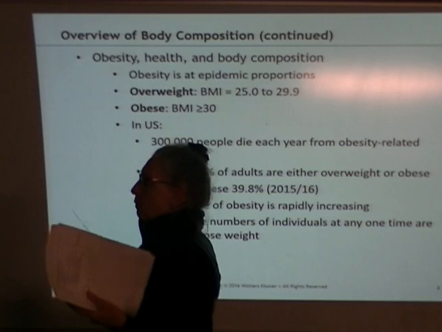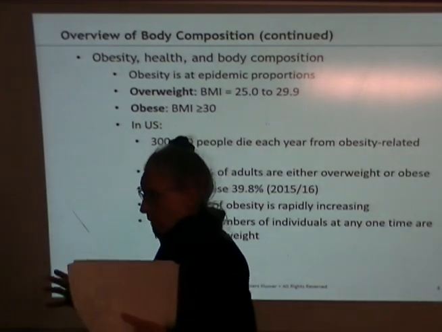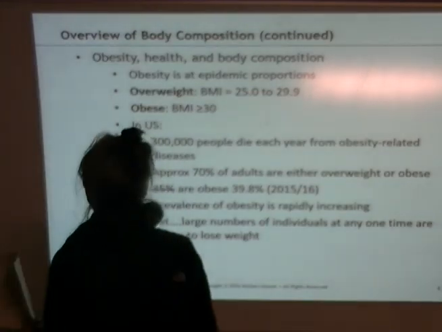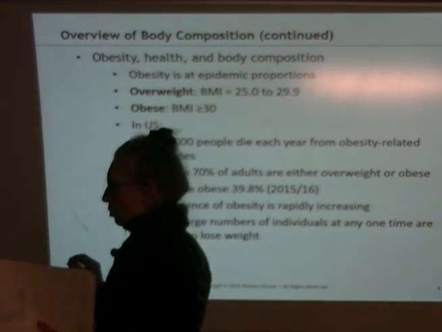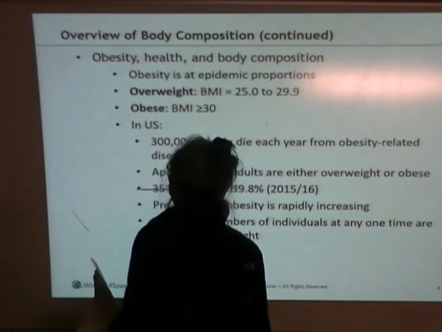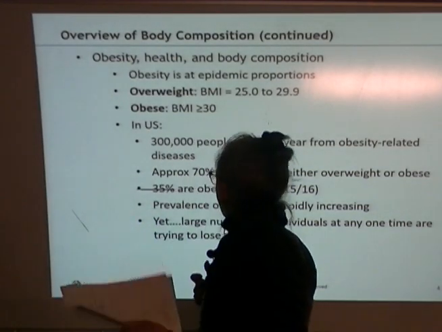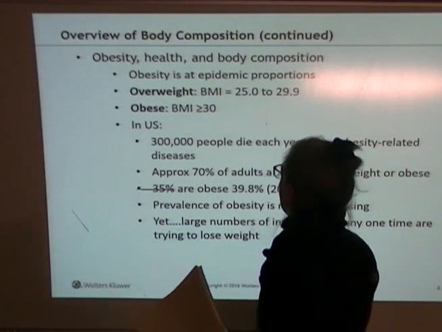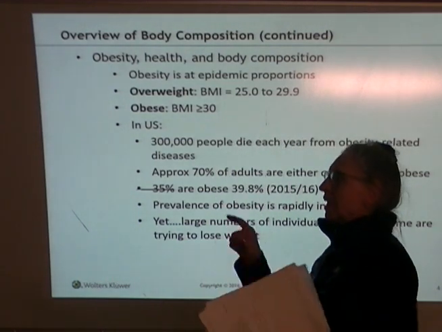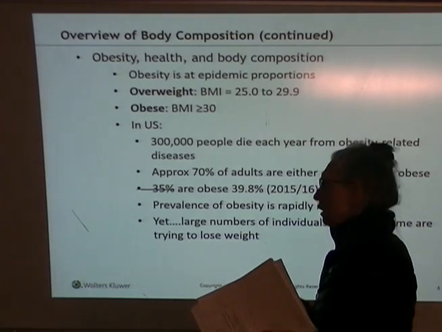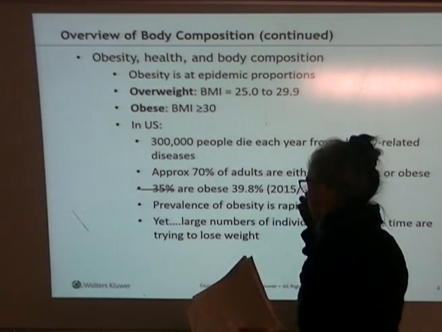In adults, and we'll talk about the problems with BMI over the course of the semester. BMI has a lot of issues built in, but if you have a BMI of 25 to 29.9, that's considered overweight as an adult, not as a child. So that's 18 and up.